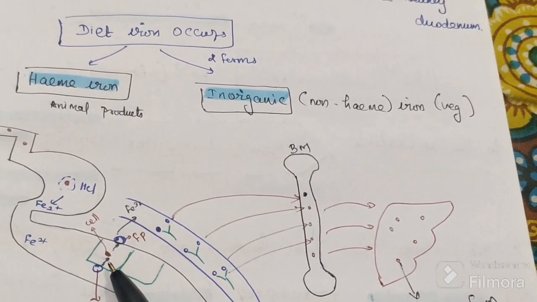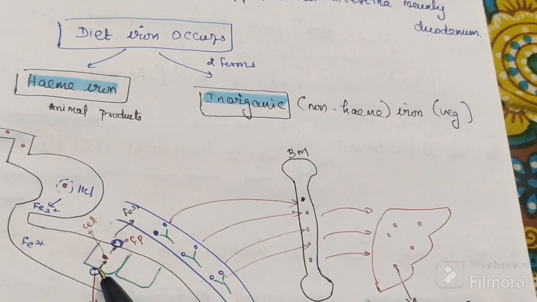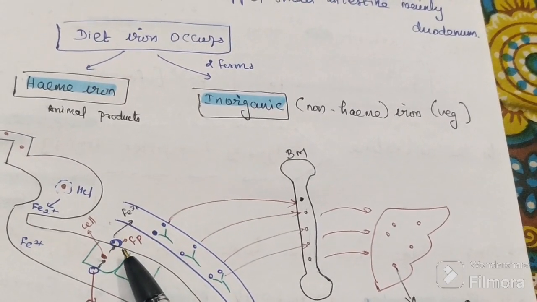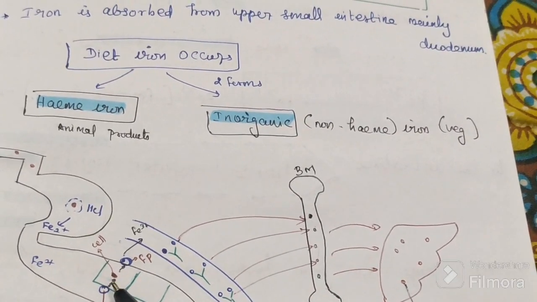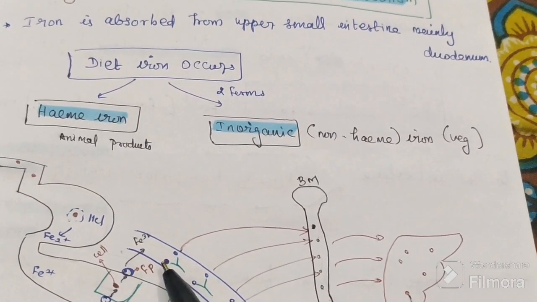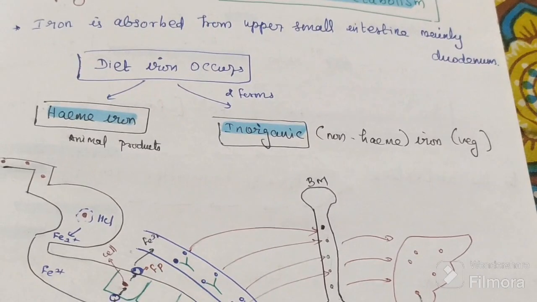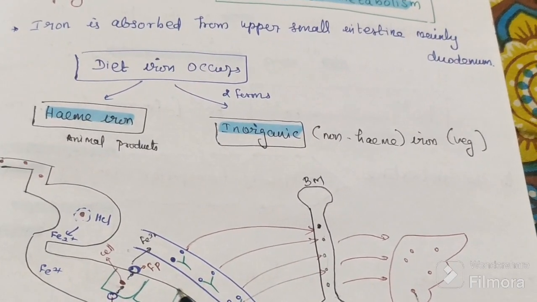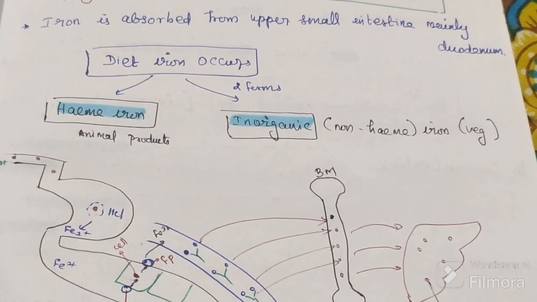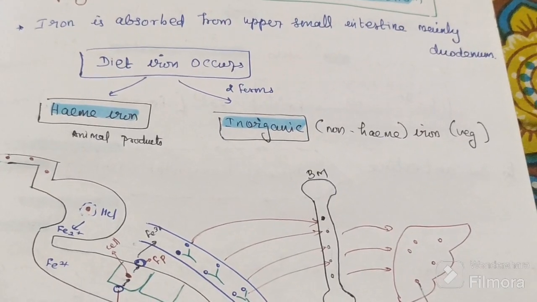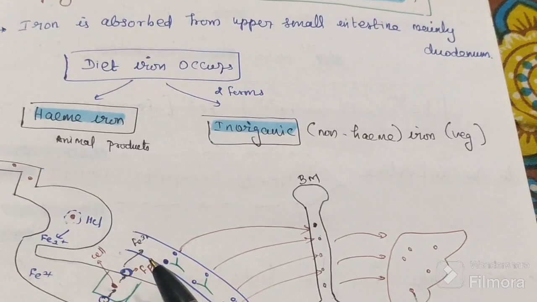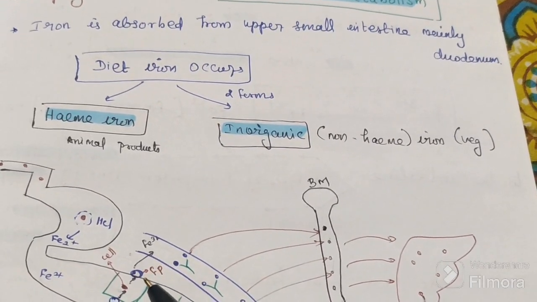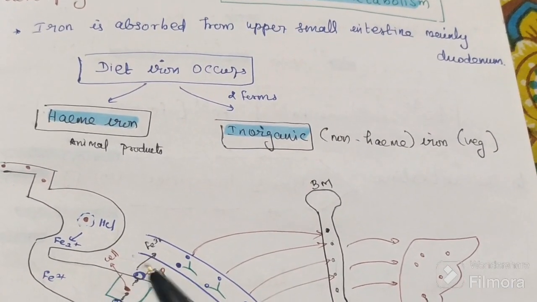From the cell, the iron is transported with the help of ferroportin to the blood vessels, and now the iron reaches the blood. But it is oxidized again, from ferrous to ferric form.